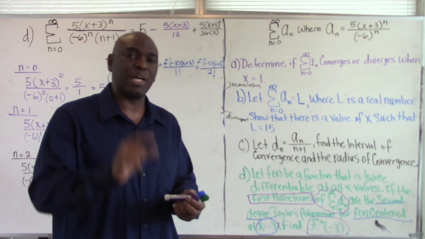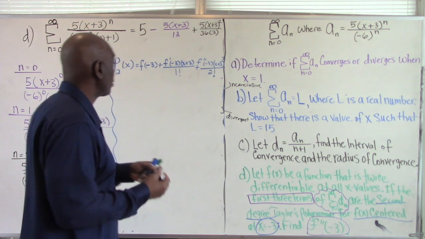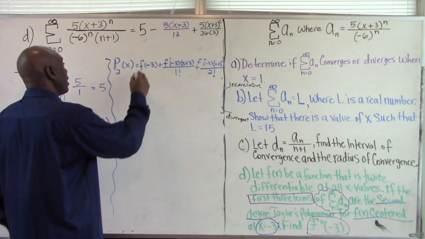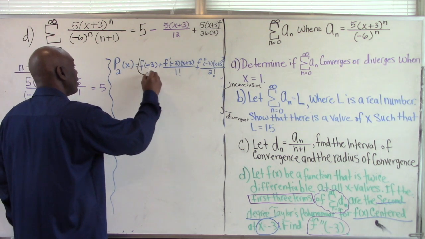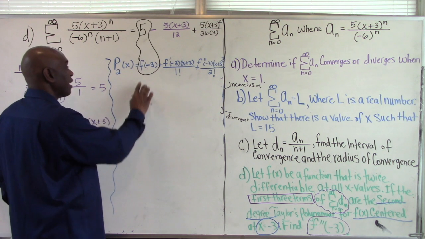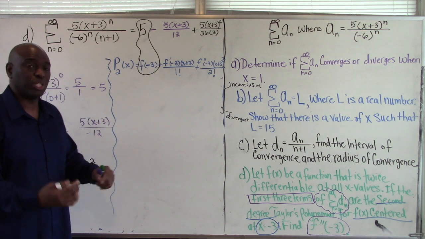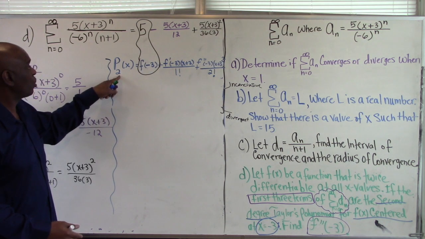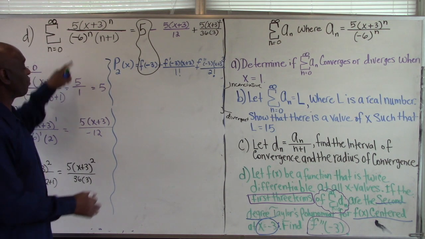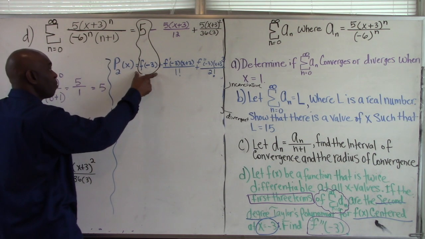So what we have to do now, we have to equate the terms, right? Equate the terms. When I say equate the terms, that means you take this term and equate it with this one, right? Like f of negative 3 is equal to 5. They want you to equate the Taylor polynomial with the series. So if I equate the second degree Taylor polynomial with the series, you equate terms with terms.